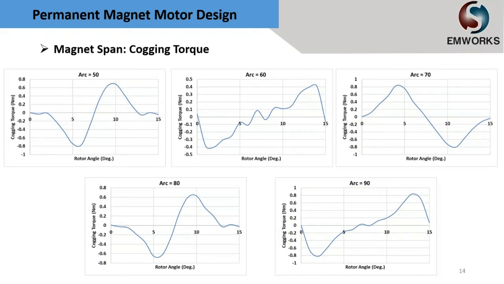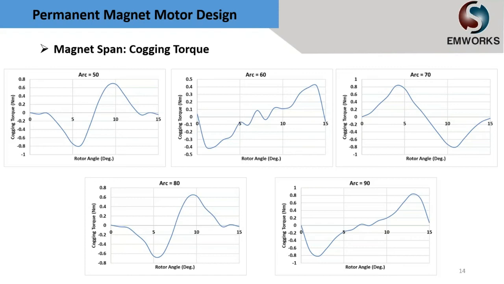Here we are going to study the effect of the magnet span on machine performance. Let's see the results. We can start with cogging torque. This image shows the cogging torque of the machine with different magnet spans. Based on the results, two main points are presented here.